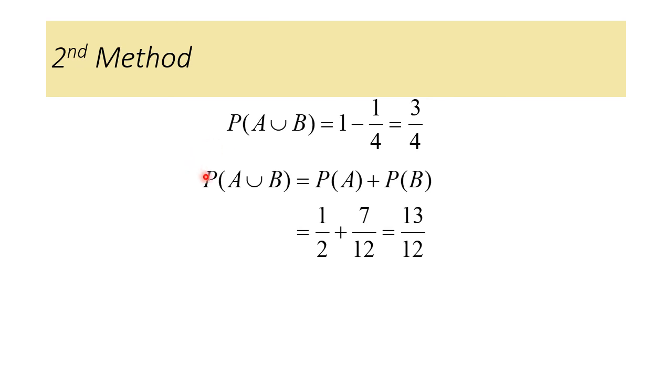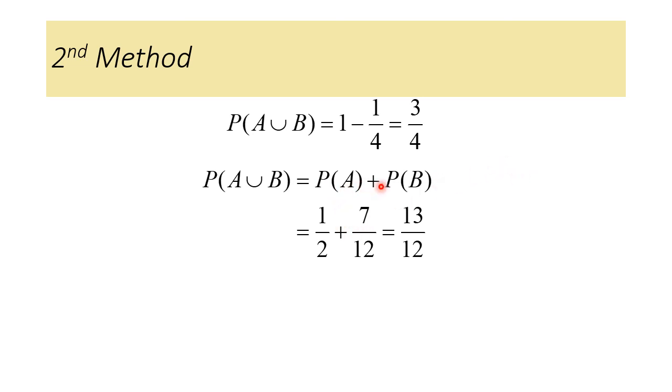So now we'll take a look at the second method. What formula do we use? Okay, in the second method, again we find the union first, which is 3/4, and then we directly use the formula of mutually exclusive. Using this formula, we know we don't have an intersection, right?